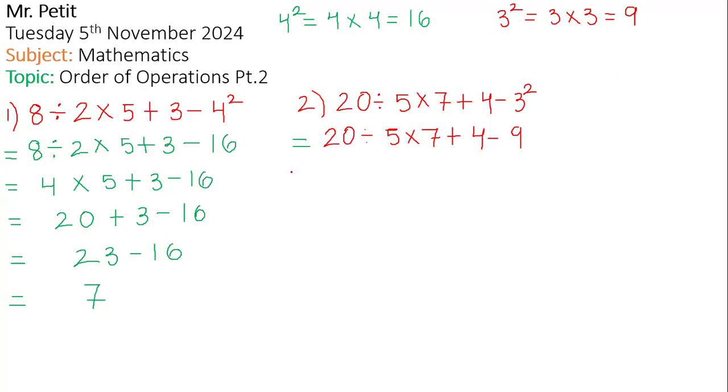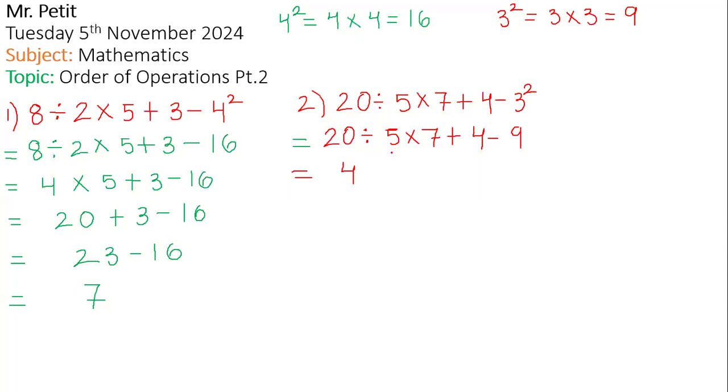Okay, good. So it's going to be equal to 20. What are we going to do, divide or multiply first? Divide. So we have 20 divided by 5, which is 4.